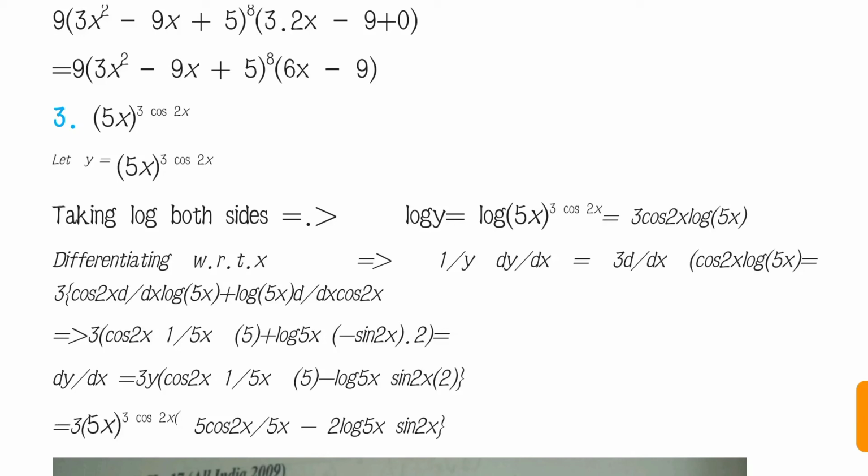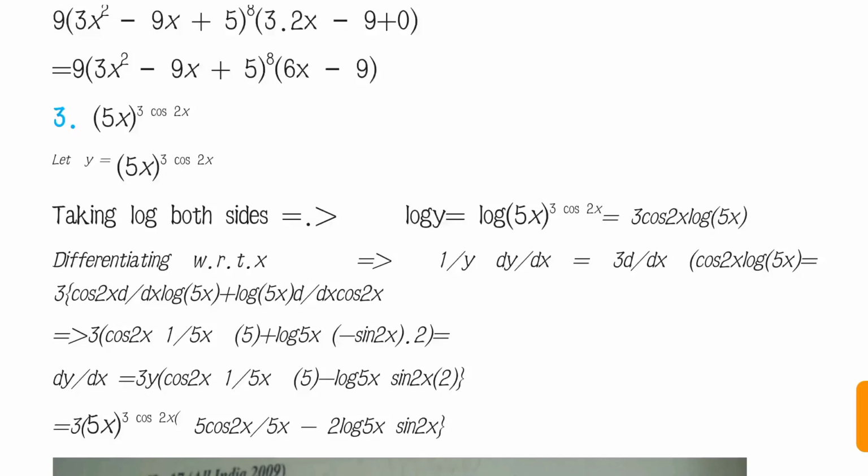So log y is equal to log (5x)^(3 cos 2x). Now by log rule, it will become 3 cos 2x into log 5x.